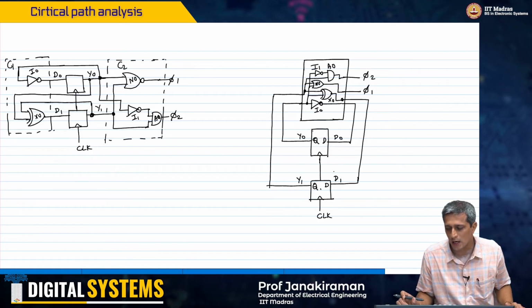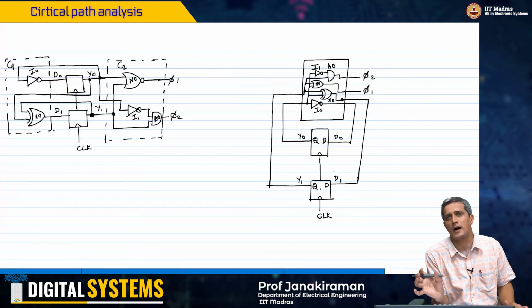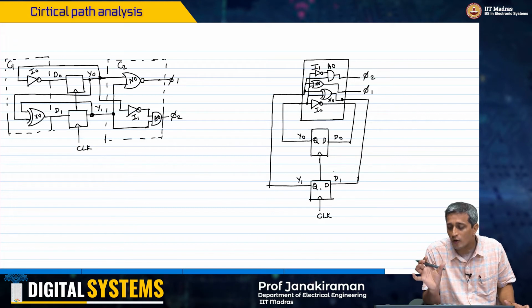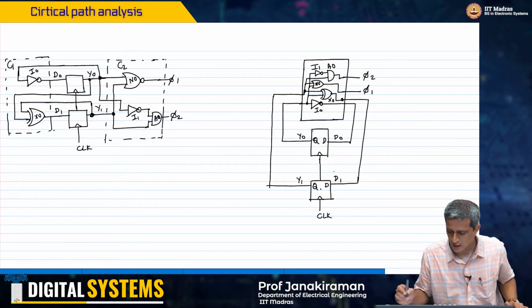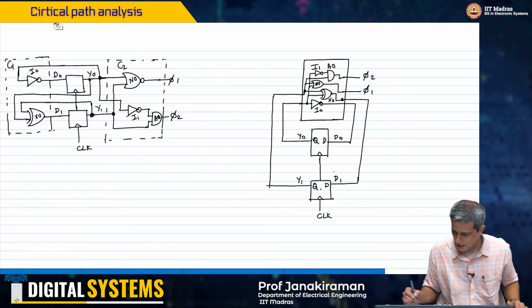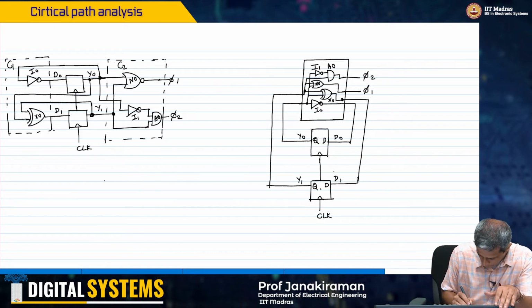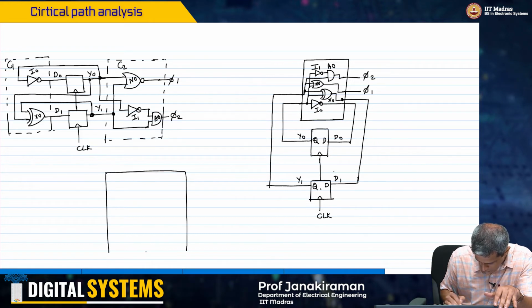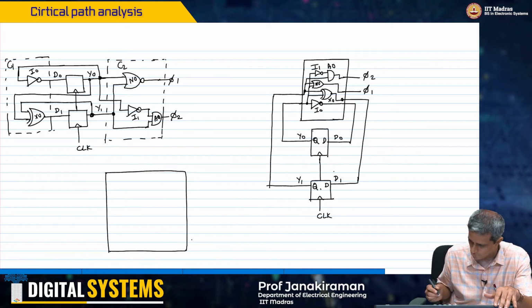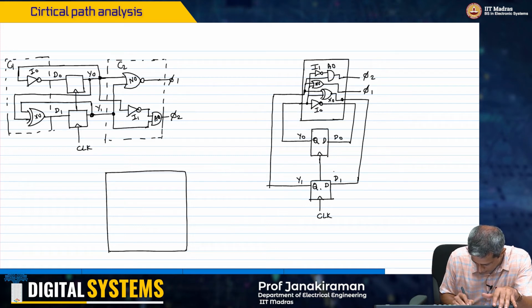So I can now look at the critical path or the propagation delay of this block. Let us assume, I will just redraw that circuit here slightly bigger, so that it makes it easier.